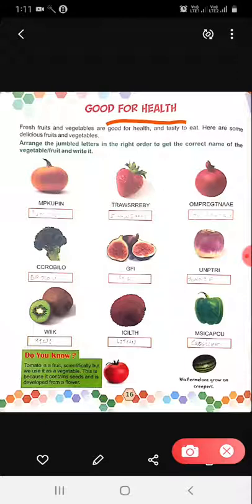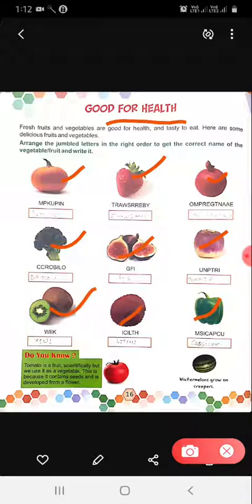Fresh fruits and vegetables are good for health and tasty to eat. Some are tasty but some are sour, and all the fruits and vegetables have different tastes. Some are spicy. Here are the pictures of some delicious fruits or vegetables.